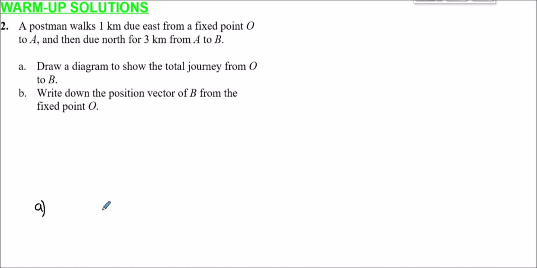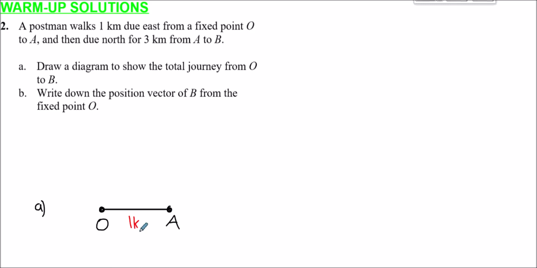So it starts at O, so let's just pop in O. First off, we're told that this postman walks 1 kilometre due east. So due east, never eat shredded wheat. East on a page looks to be to the right. And so east, 1 kilometre, from O to A is 1 kilometre.